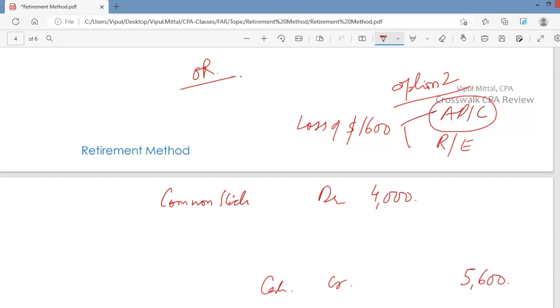So what is original issue premium? This is on common stock. And this is 400 shares multiplied by $2. This is the amount of original issue premium. All right. So $800 of original issue premium that was credited to additional paid-in capital is used. What else can you use? What else additional paid-in capital can you use? You can use additional paid-in capital arising from earlier retirements.